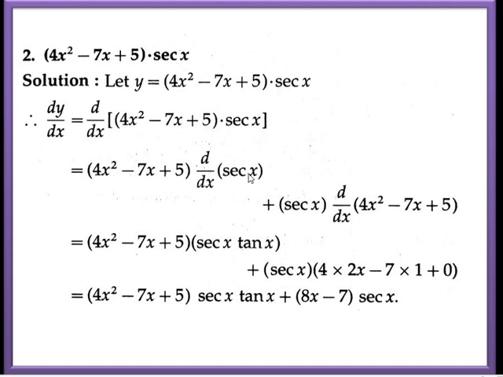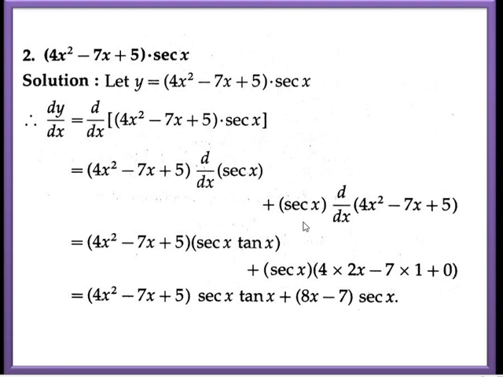First function into d/dx of second plus second function sec x into d/dx of first. What is derivative of sec x? Sec x tan x. Now observe this. What is derivative of 4x square? 4 is constant. Derivative of x square? 2x. Now minus 7x, minus 7 is constant, and what is derivative of x? 1 plus derivative of 5, 0.